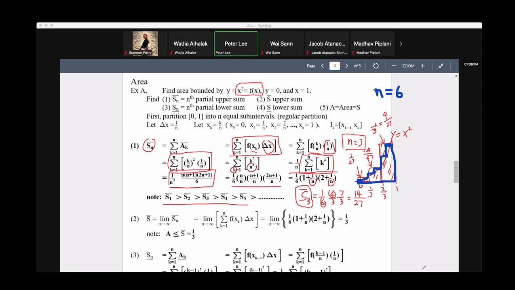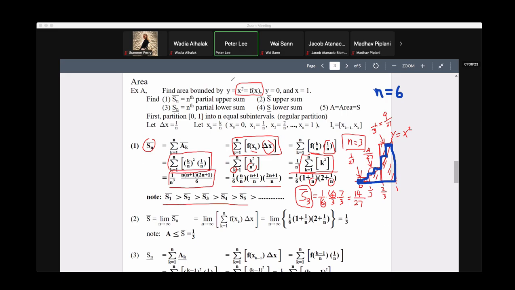Now I can see what's going on. When you compare the upper sum when n equals 3 versus n equals 6, which one is bigger? The third partial upper sum or the sixth partial upper sum? Can you tell me?